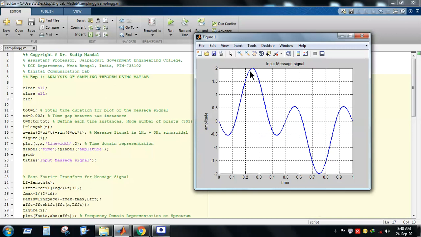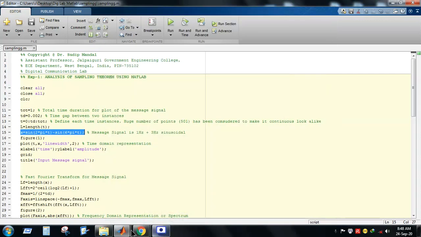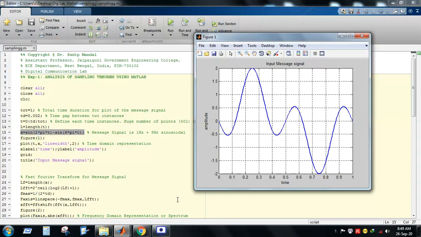That's why it looks like the original continuous signal, but actually this is already a discrete one, because the value of x will be in a discrete manner.